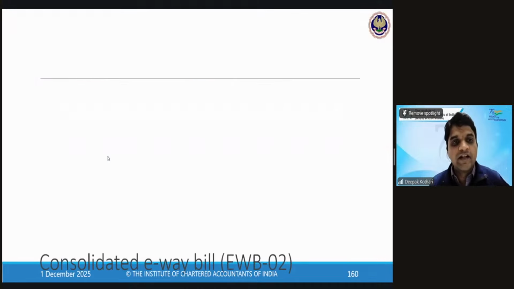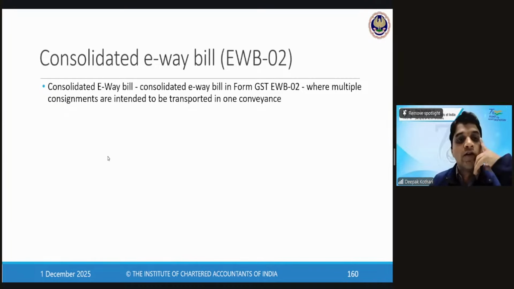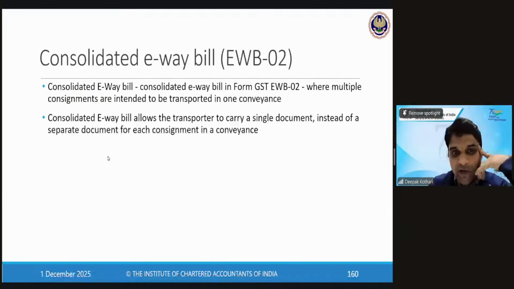When can a consolidated e-way bill be raised? In e-way bill EWB-02, where multiple consignments are intended to be transported in one conveyance, that is, in one lorry or in one tempo. He has multiple goods, then he can raise one consolidated e-way bill. It allows the transporter to carry a single document instead of separate documents.